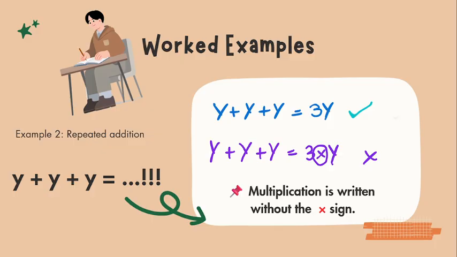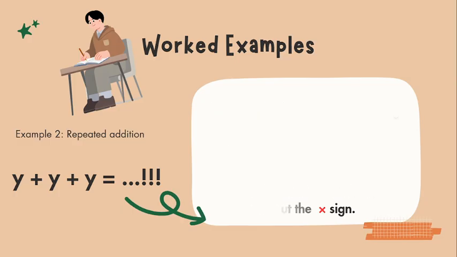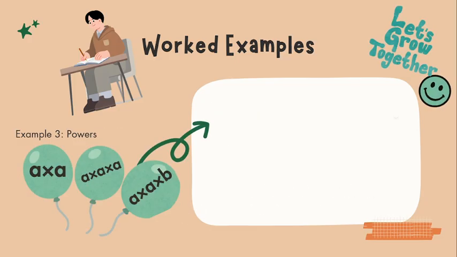Now we are moving on to our example 3. It's about powers. So I will take each example, then explain. A multiplied by A. What you can see here is the same letter is repeated 2 times, and it's about multiplication.